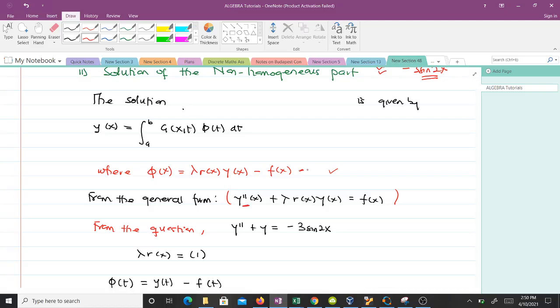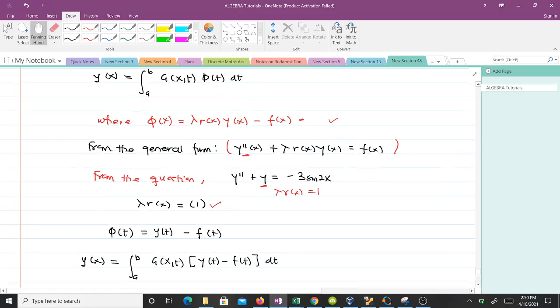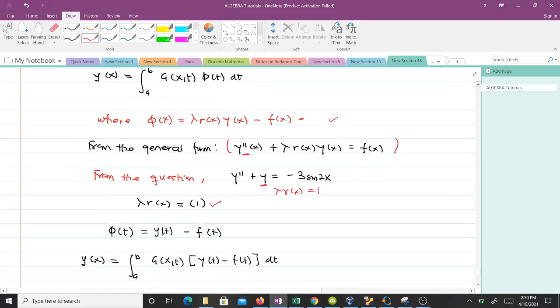And with the question we are solving, we have y prime prime plus y equals negative 3 sine 2x. So looking here, that means our lambda r of x is 1. So that means we have phi of t will be equal to y of t minus f of t from the question which was given to us.